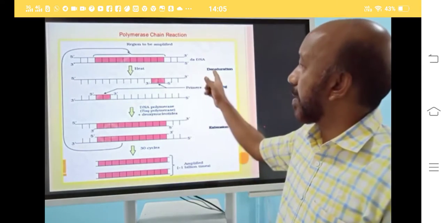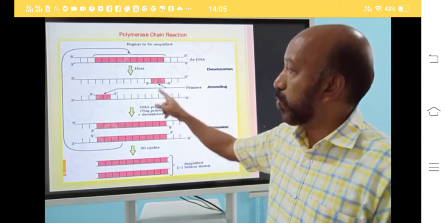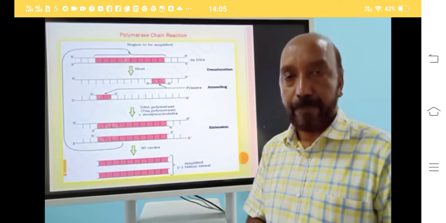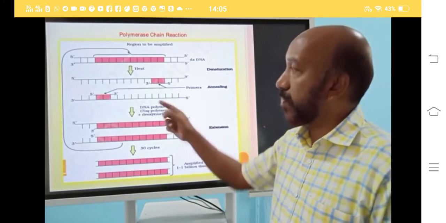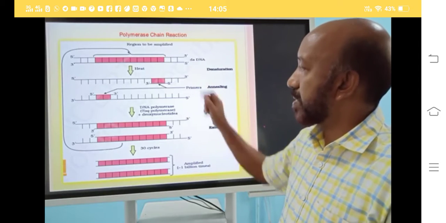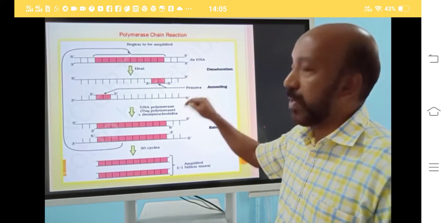After that, we have two single stranded template strands. Each will be the template for the formation of the next strand, for which we use primers, as well as other conditions like DNA polymerase and deoxynucleotides.